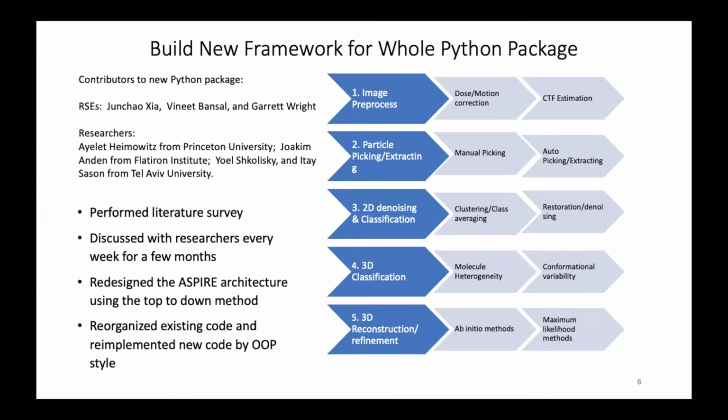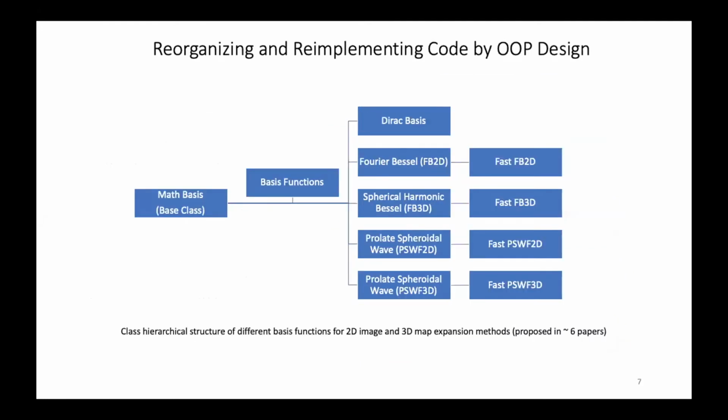We also redesigned the software architecture using the top-down method, reorganized the existing code, and re-implemented new code in OOP style. This slide shows an example of how we reorganized and re-implemented the code by OOP design.